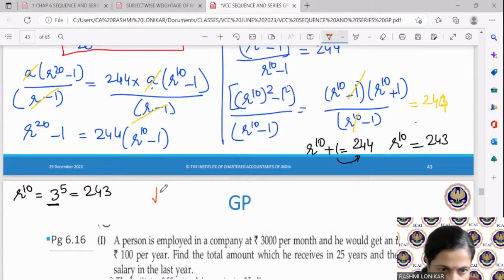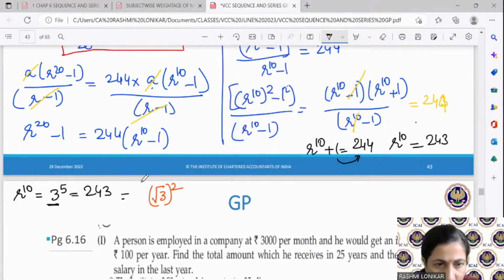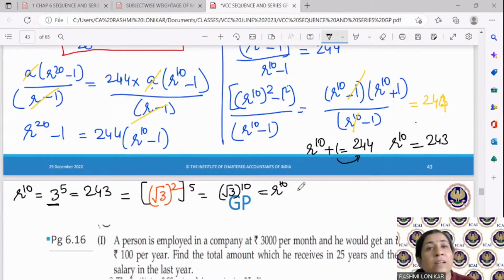So this is equal to root 3 square raised to 5, which is equal to root 3 raised to 10. So r raised to 10 is equal to root 3 raised to 10.